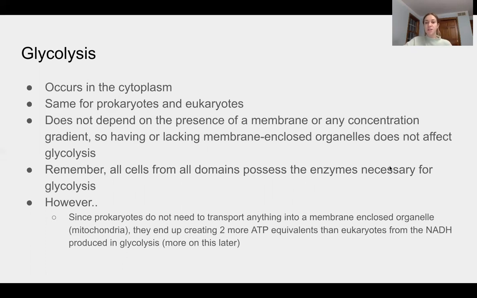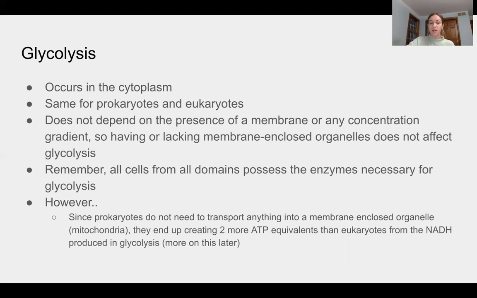There is one difference between prokaryotes and eukaryotes regarding glycolysis, and that's in how much ATP they produce. Eukaryotes carry out the PDC, Krebs, and the electron transport chain all within the mitochondria, so they use some energy to get those products into the mitochondria.